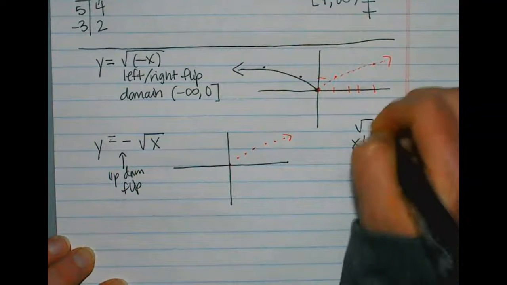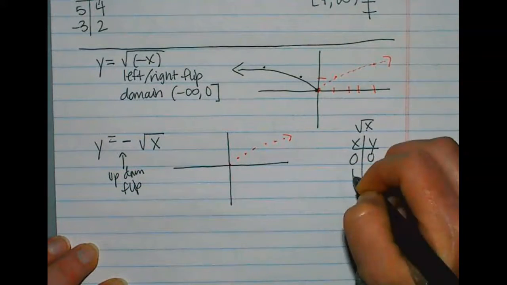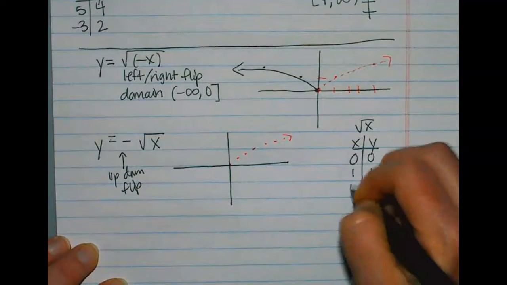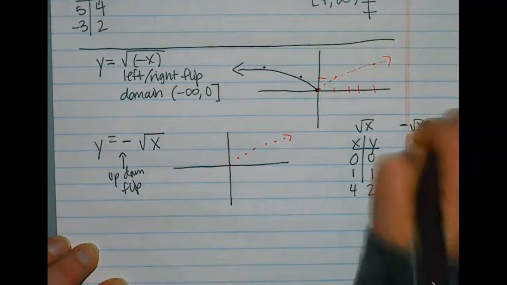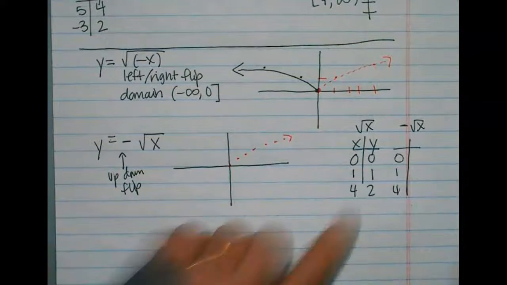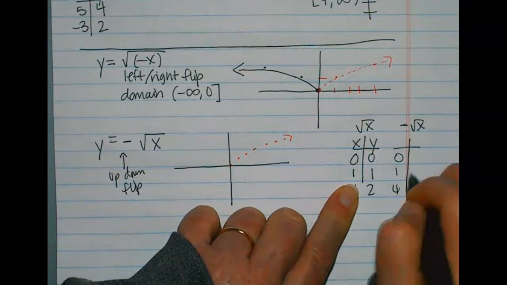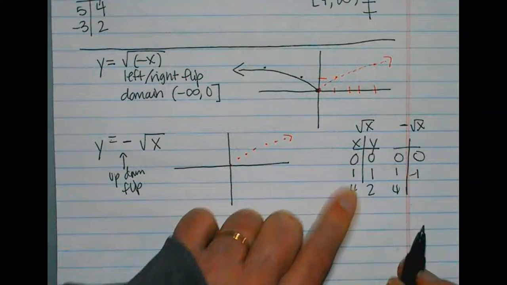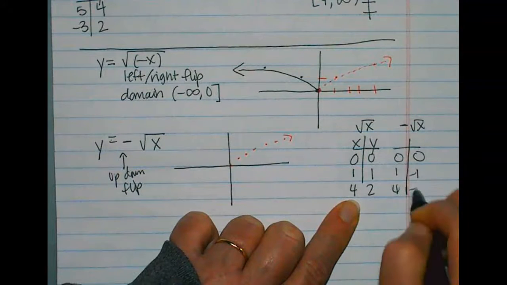If we do it for the square root of x, if we put in 0, we get 0. 1, the square root of 1 is 1. 4, the square root of 4 is 2. But if we do negative the square root of x, every value we put in for x, we get the square root of 1 is 1, make it negative, negative 1. 0 stays the same. 4, square root of 4 is 2, make it negative, negative 2.